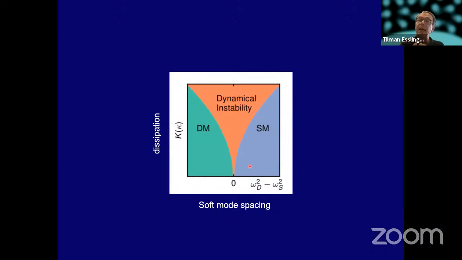And this flipping happens only because of dissipation. And that's exactly what Nishant Dogra had figured out, how to explain what we observed. So that was really absolutely great work. Okay, let's start.